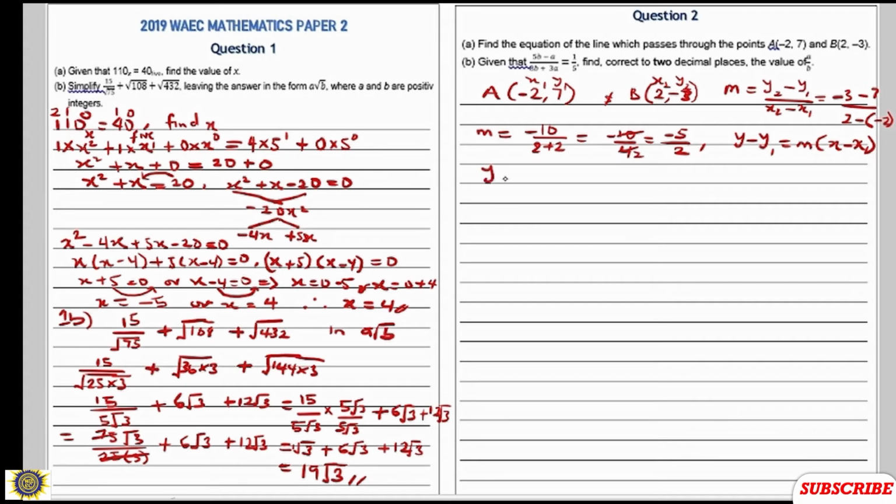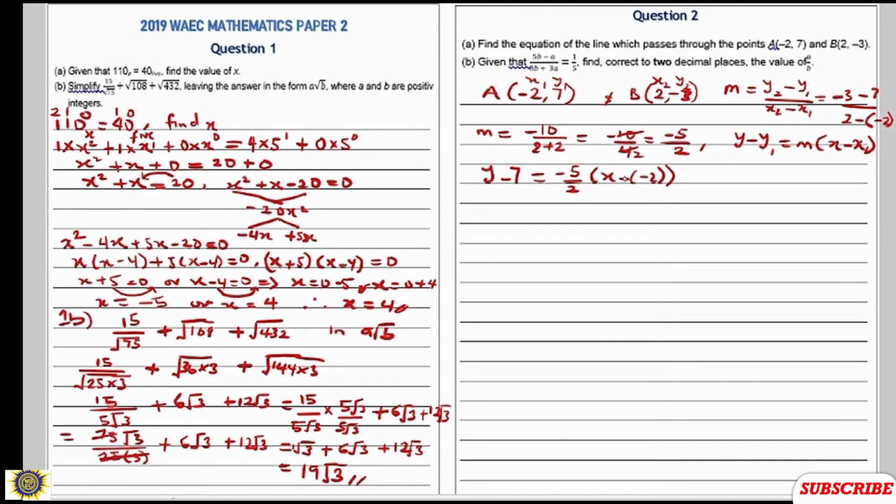What's our y1? Our y1 is 7 here. So y minus 7 equals, what's our gradient? Minus 5 over 2, open bracket, x minus x1. What's our x1? Minus 2. Don't forget minus 2. So this will be x minus minus 2, then close the bracket.